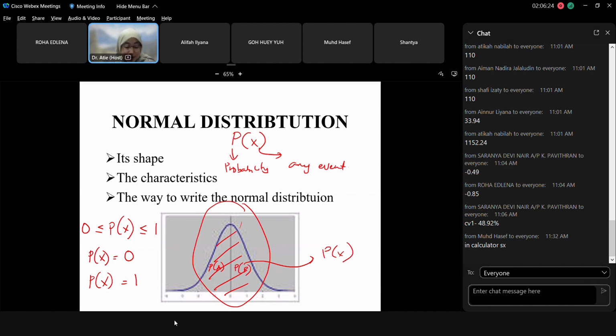So what's the answer? Anyone? Saraswati. Yes, doctor. Okay, so what do you think? Probability of A equal to what?